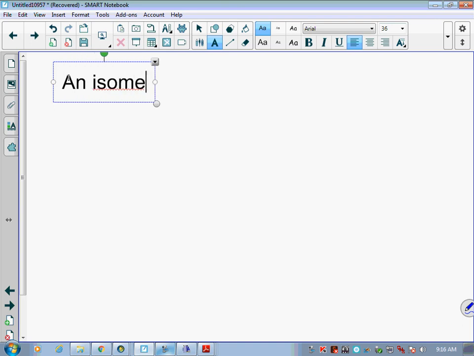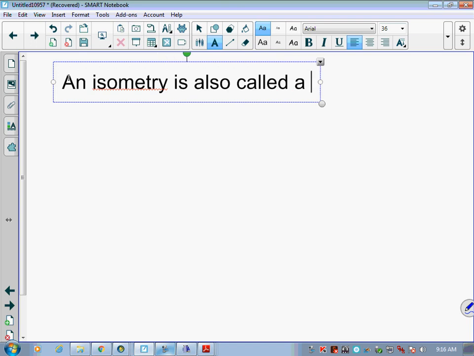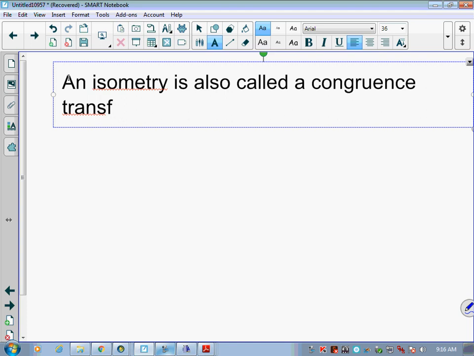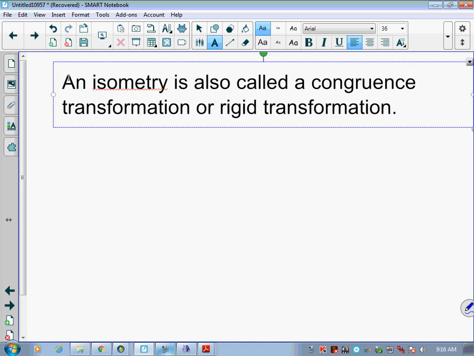An isometry is also called a congruence transformation. They're just giving you a different terminology for isometry or rigid transformation. There are three terms that all mean the same thing.